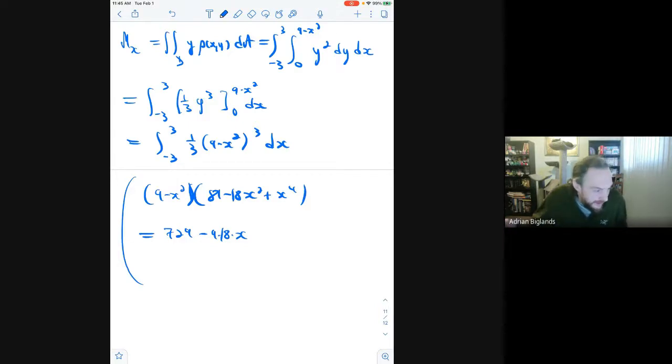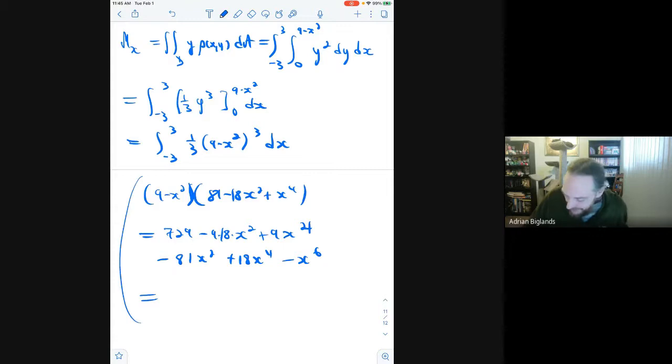That should be a squared. I'm trying to cheat by copying and I can't even. That should be a to the 4 minus 81x squared plus 18x to the 4 minus x to the 6, which is, long story short, my bracket wasn't big enough. I'm just doing the foiling calculation for you so that you have it.